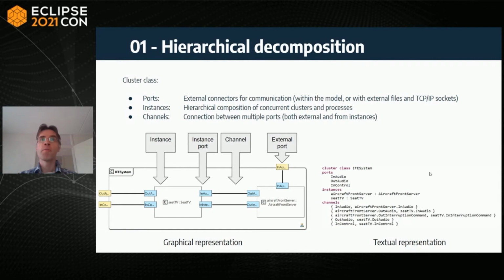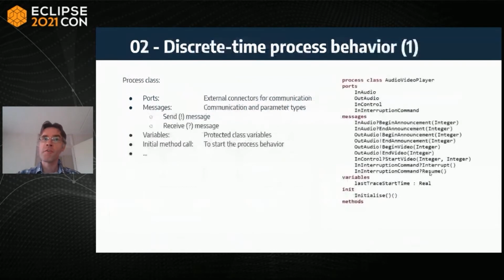You have instances, you have ports. You do that in multiple steps, and at the lowest level, we don't have clusters anymore, but we have so-called processes. And with these processes, the idea is that we sketch a little bit the behavior of the process, and we try to again abstract from as much detail as possible, but we have to specify it here.